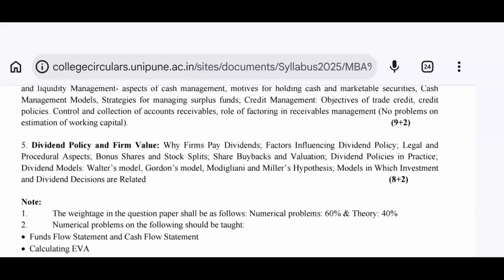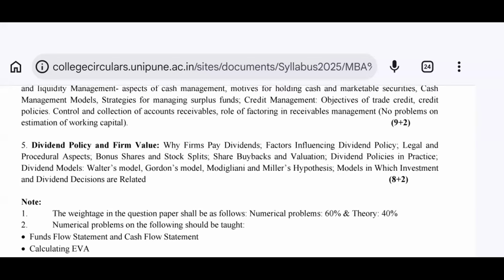In this syllabus, they have mentioned the different factors affecting dividend policy, like legal procedures, bonus shares, stock splits, buyback, and valuation. Legal procedure we'll discuss when we discuss the syllabus in detail. Bonus shares, we already know that if on 5 shares I issue 1 share, it's called bonus shares.